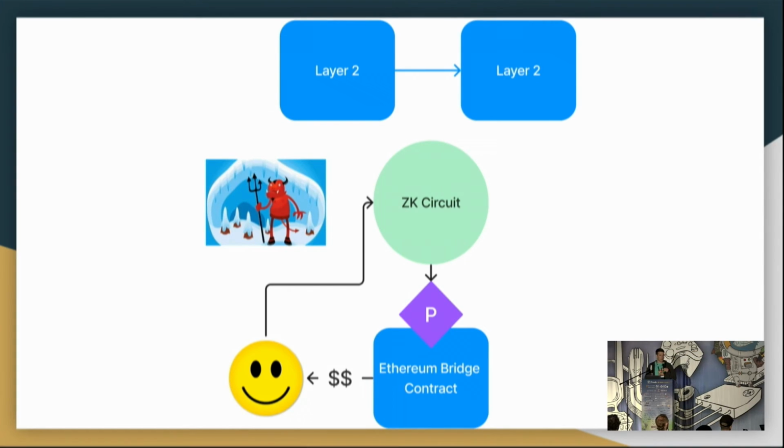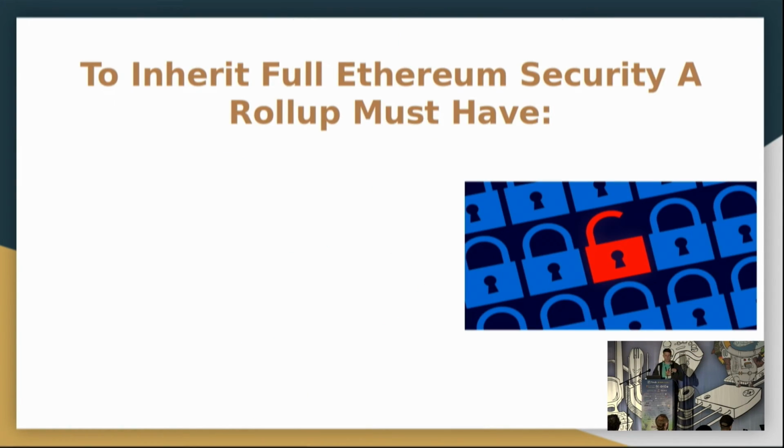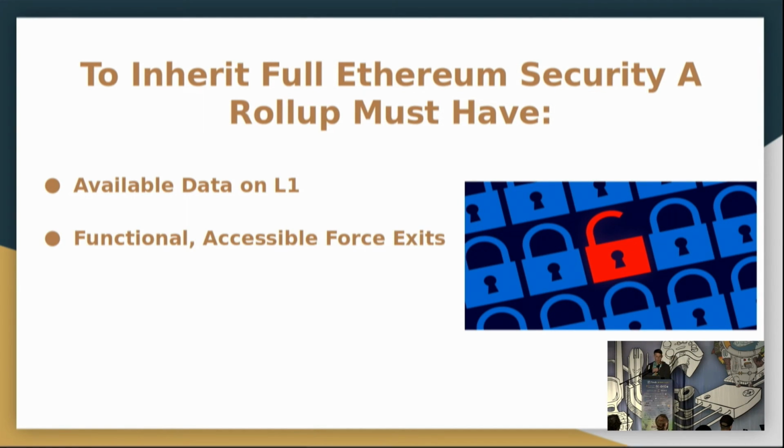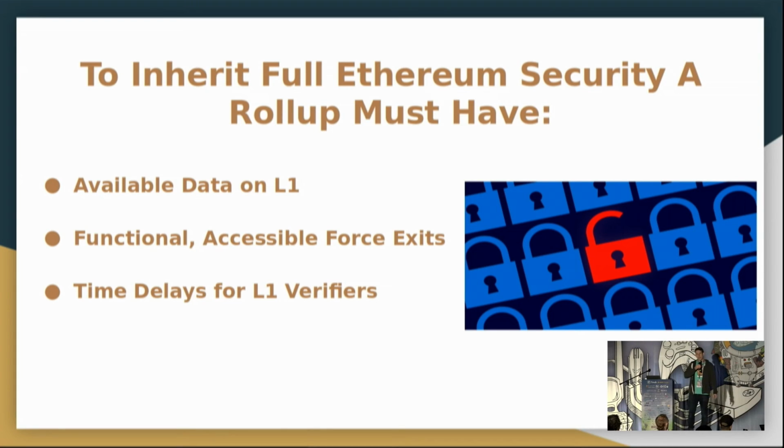Now, this is a great system, except it does cause some issues. If you want this to work, in order to inherit the full security, a rollup has to have available data on layer 1, functional, accessible force exits, and time delays for the layer 1 contracts, because if they can change the contract, then they can kind of freeze your funds.